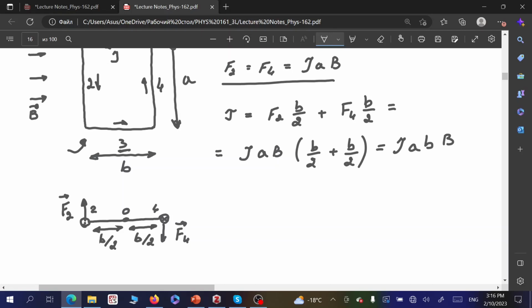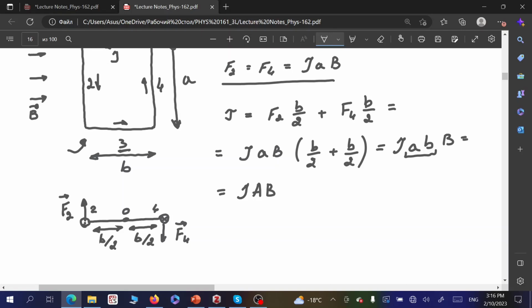So what is this? A times B, that's the area of the current loop. So we can go further and write that the torque will be equal to I times A times B. So we have the magnitude of electric current in this closed loop, then the area of the closed loop A, and the magnitude of magnetic field B.